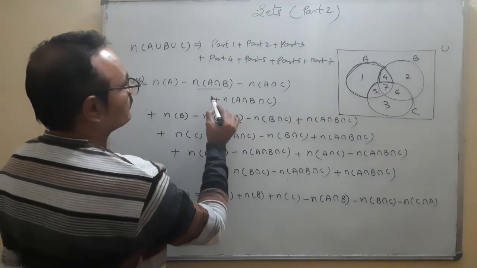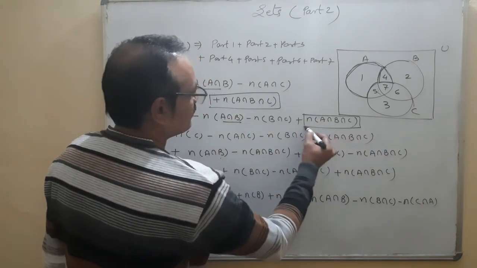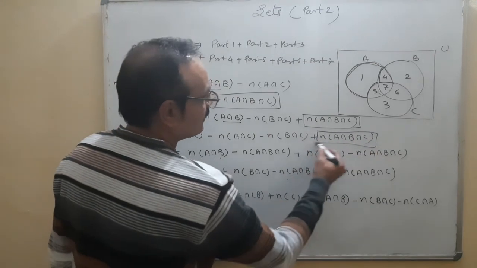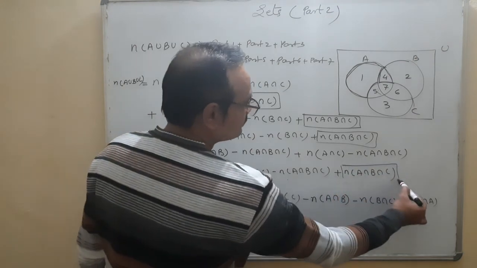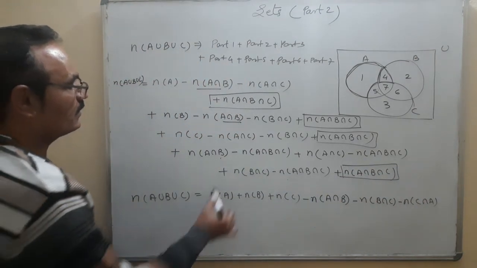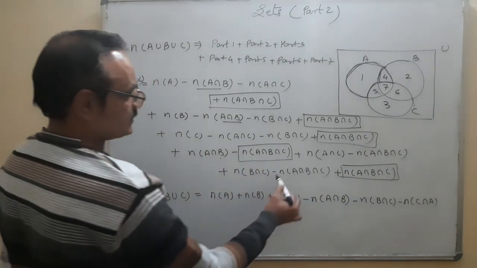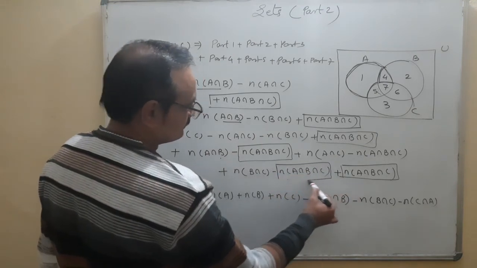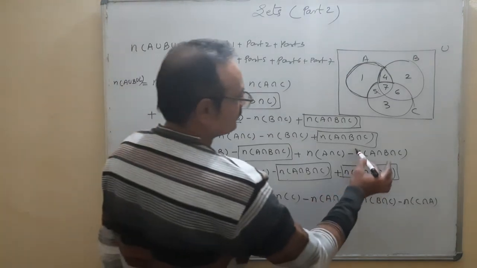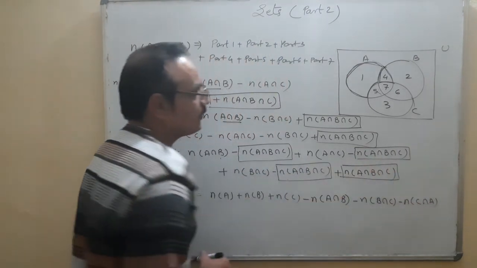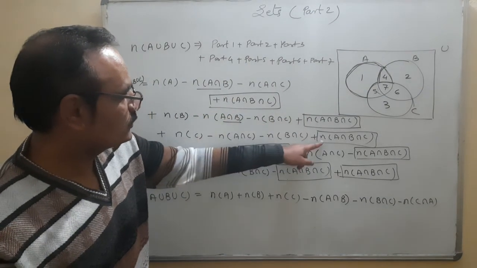It is 1, 2, 3, 4, 5, 6, 7. Let us see. Positive 1, 2, 3.